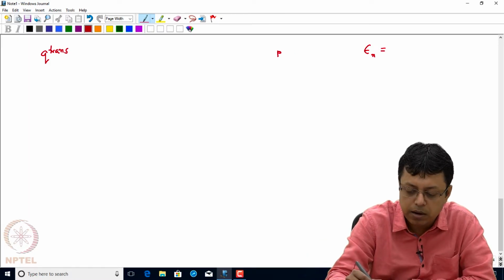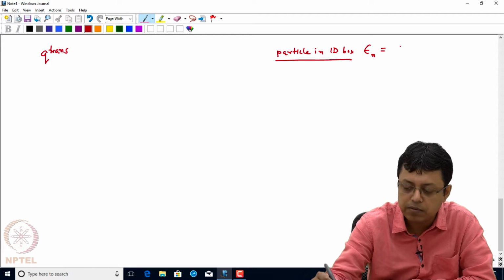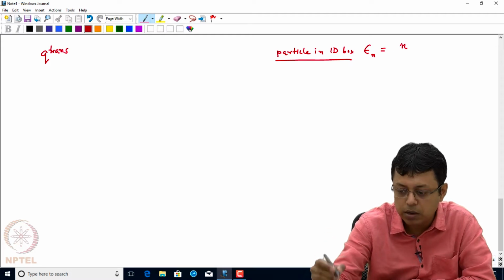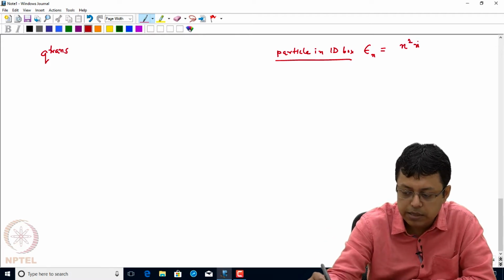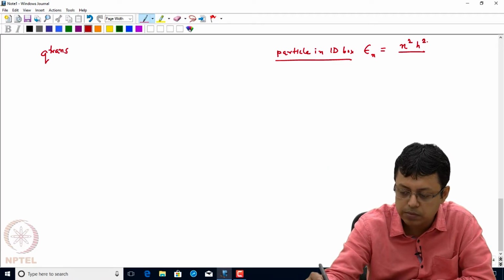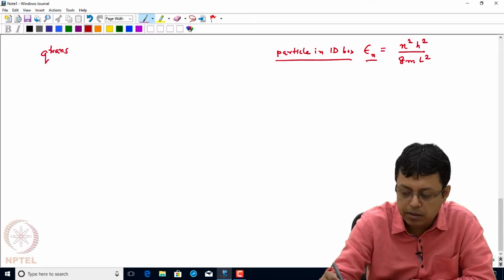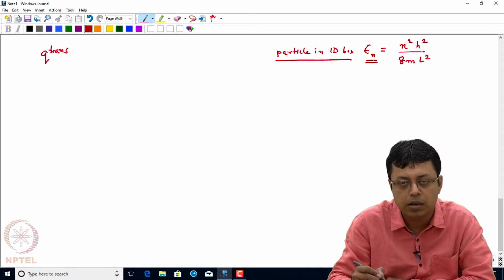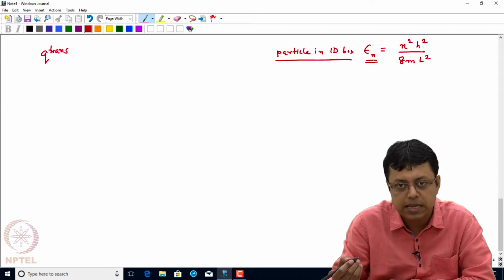For that, the energy level is given by, I have only one quantum number, n squared h squared, where h is the Planck constant. It's not h bar, it's n squared h squared, we could write it in terms of h bar also, divided by 8ml squared. And then I'm denoting the energy level with a suffix n.